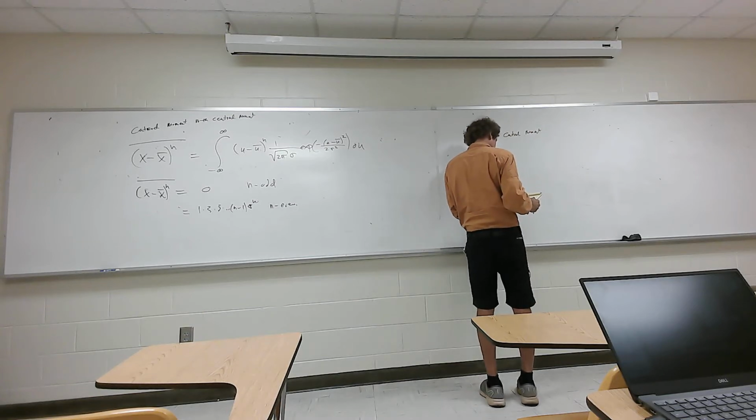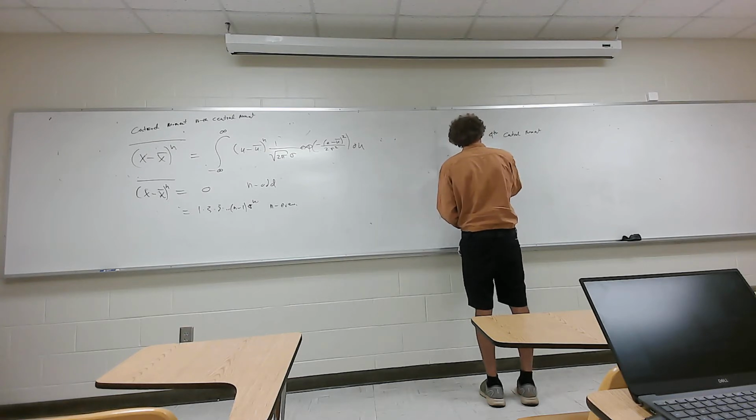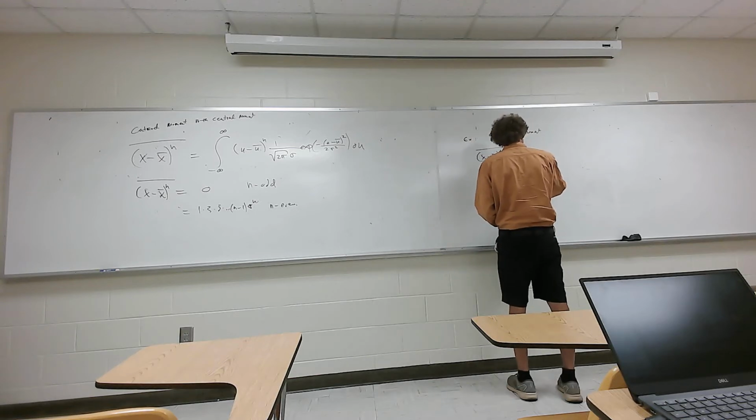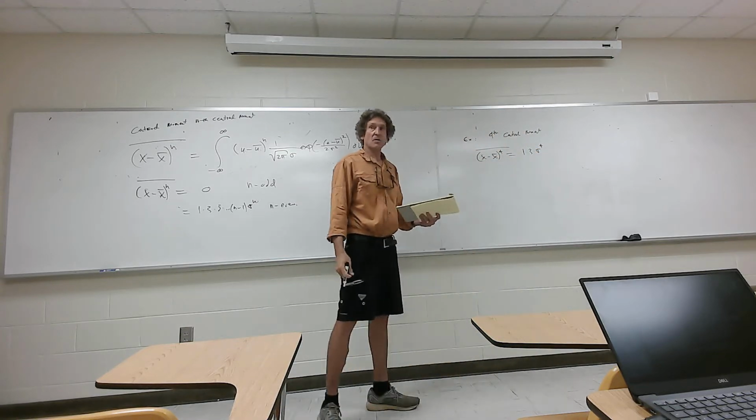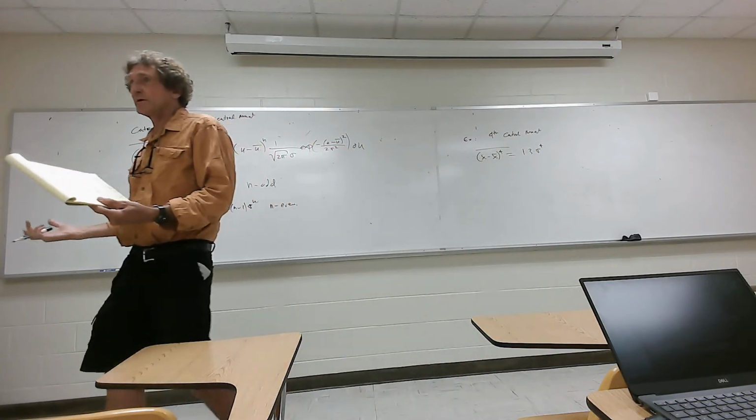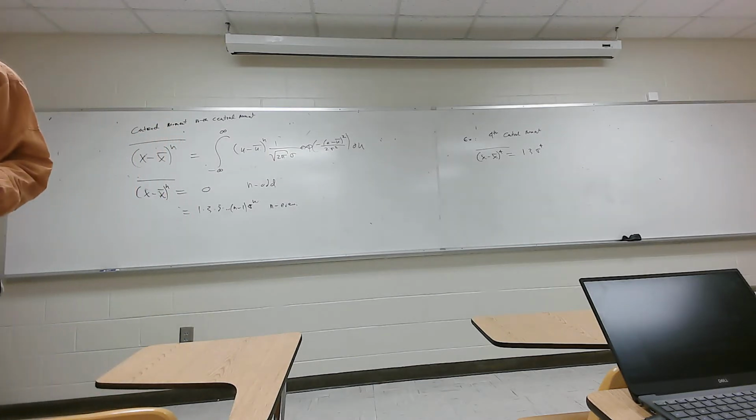That means that (x minus x bar) to the fourth power, averaged, would be equal to 1 times 3 times sigma to the fourth power. And that's it. So if I give you a sigma, you can give me that, if it's the fourth central moment.